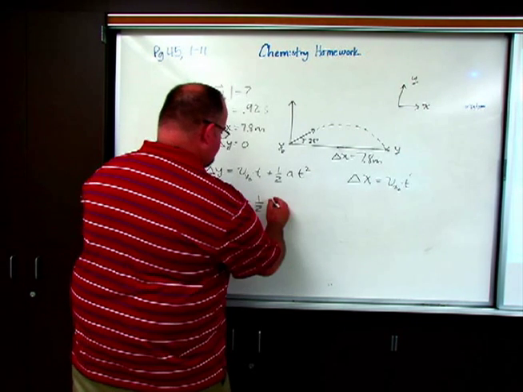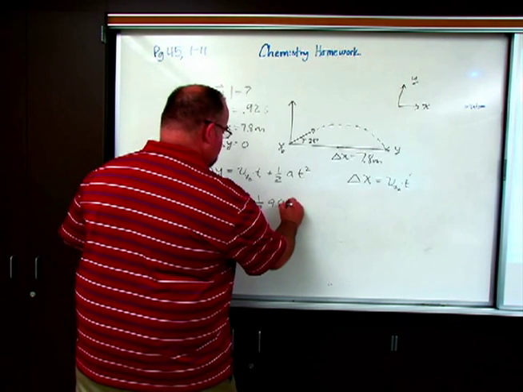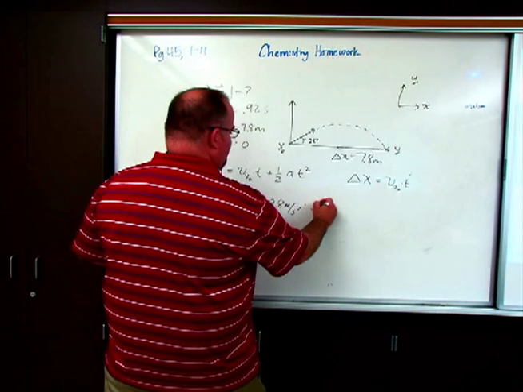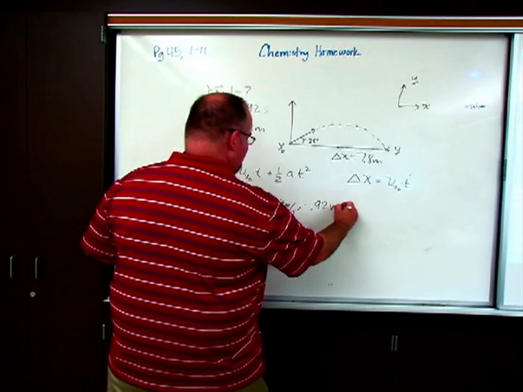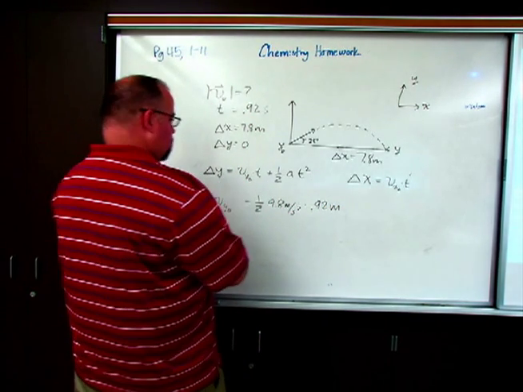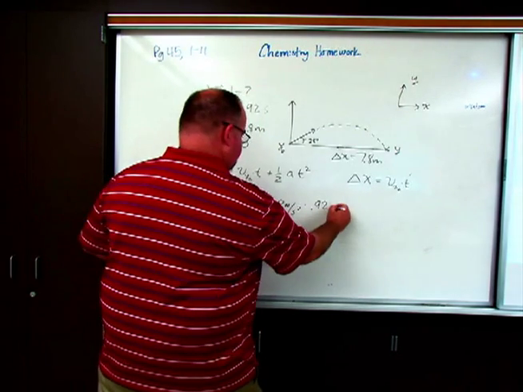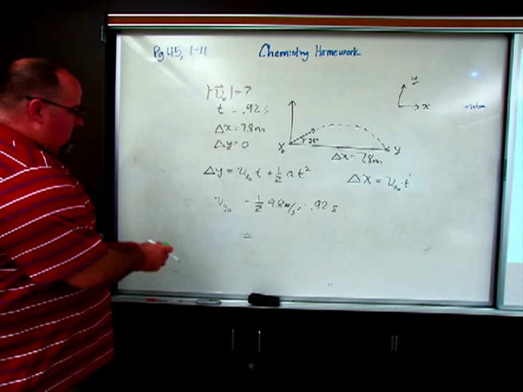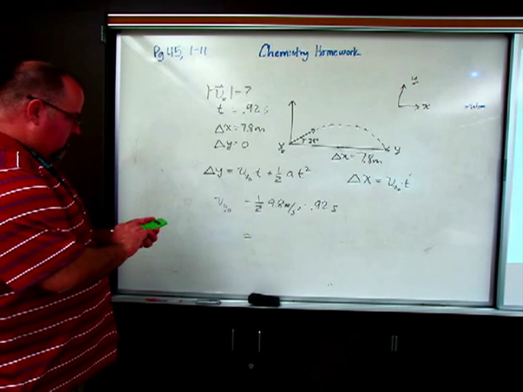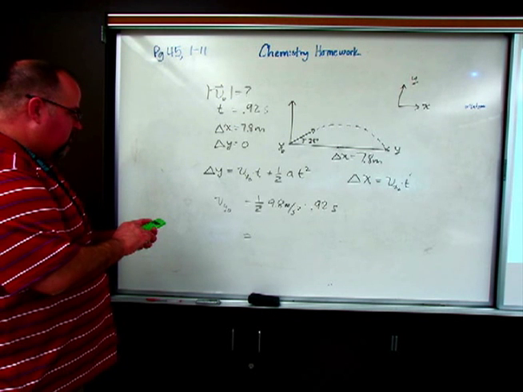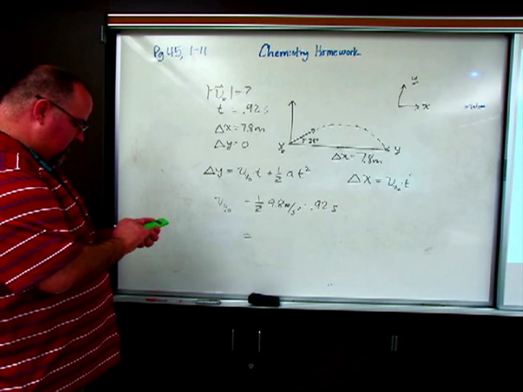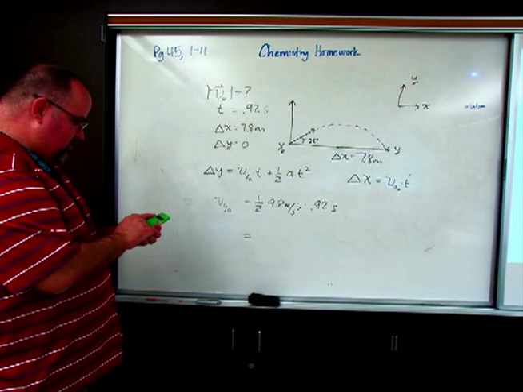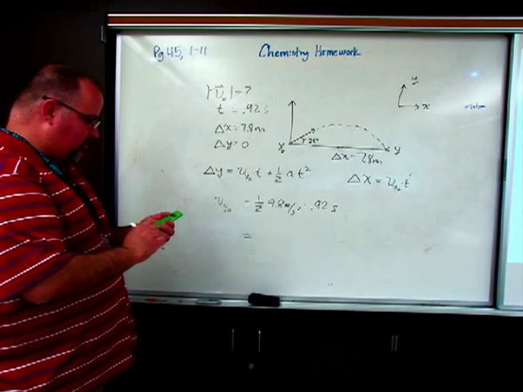Let's go ahead and substitute these in. 9.8 meters per second squared times 0.92 seconds equals... all right, 0.5 times 9.8 times 0.92 equals.